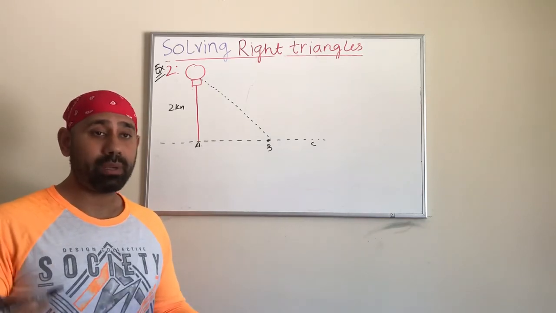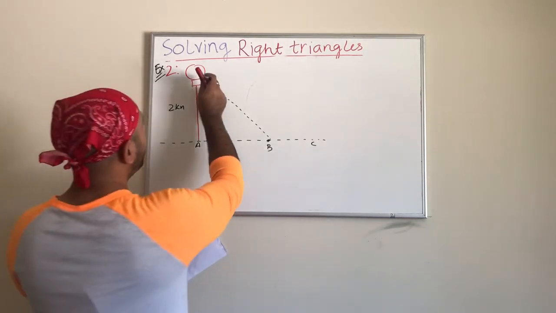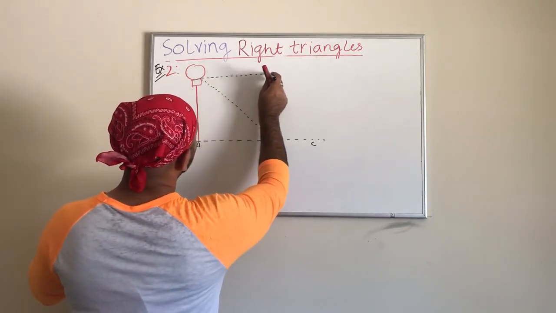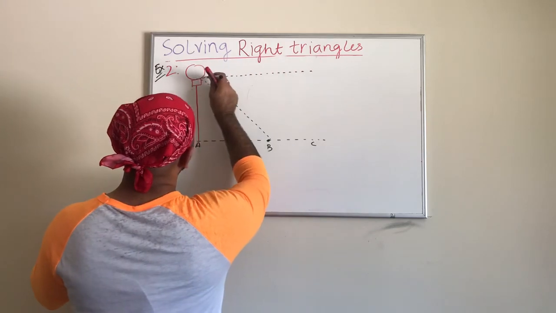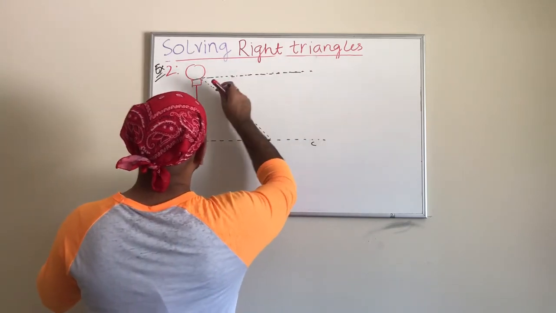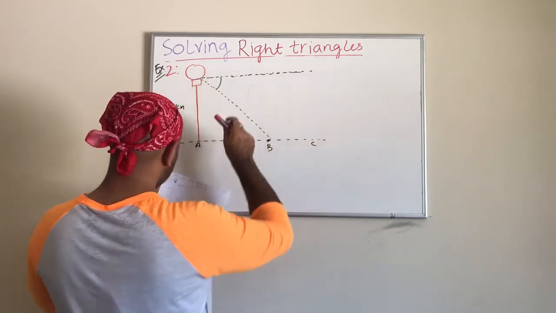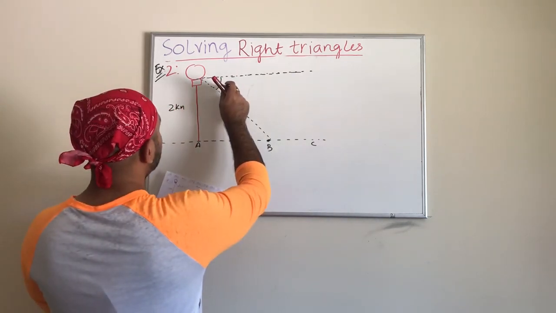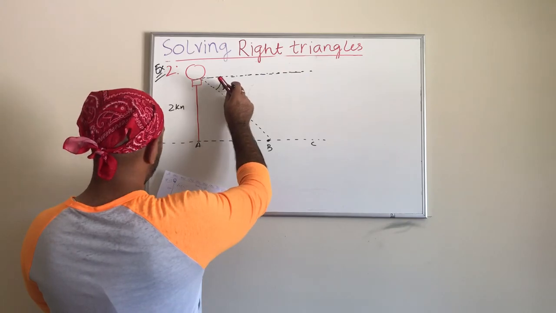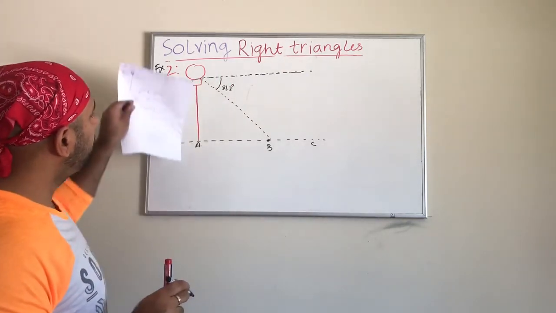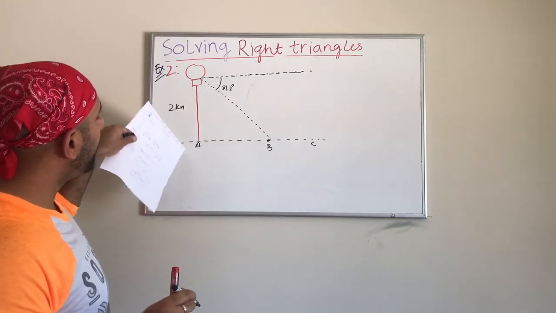In this case, the horizontal is this imaginary line parallel to the ground, and the angle of depression is this angle right here, which is 81.2 degrees.